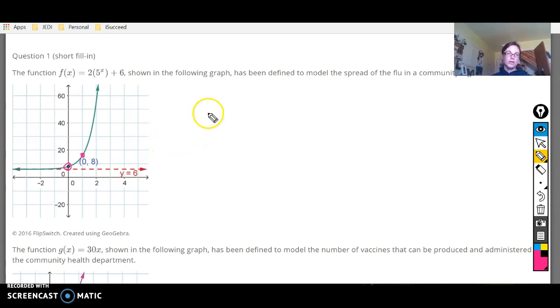So I already know that f at 0 equals 8, right? I'll just do a little table here, x and y. When x is 0, y is 8. So how about f at 1? Because that's the next thing that I want to know.